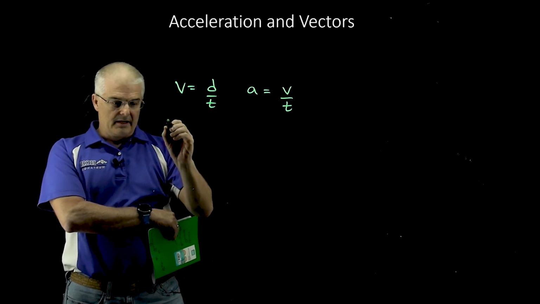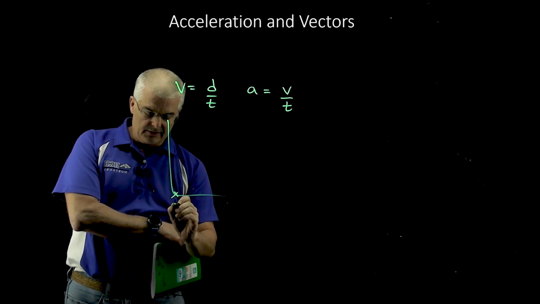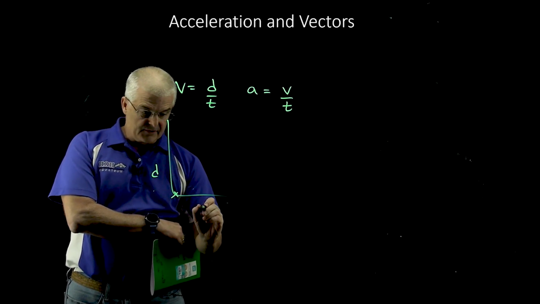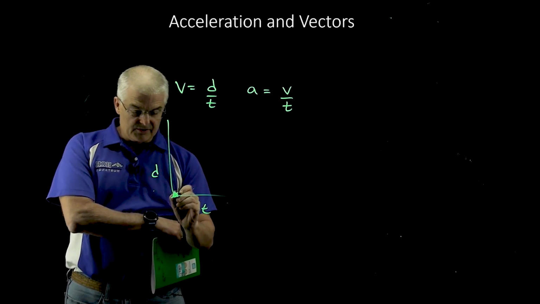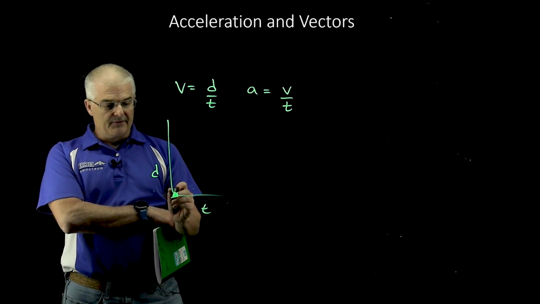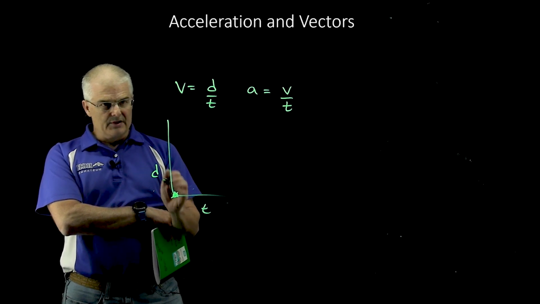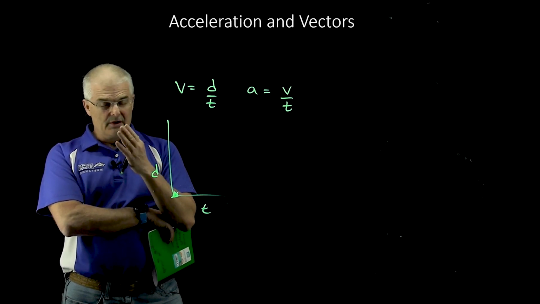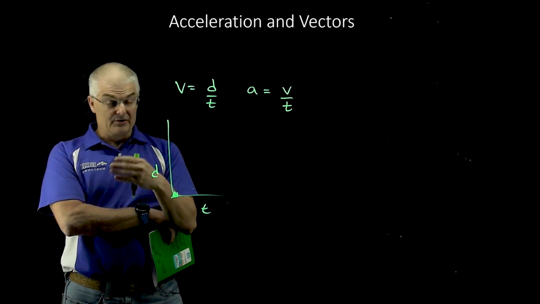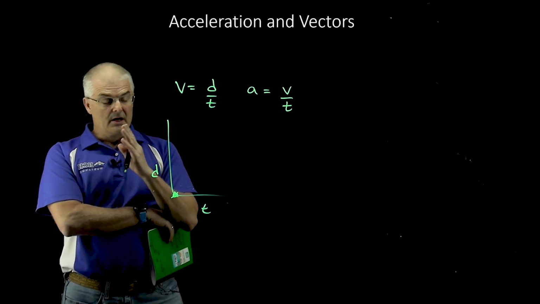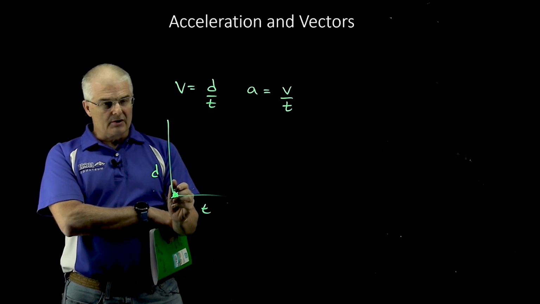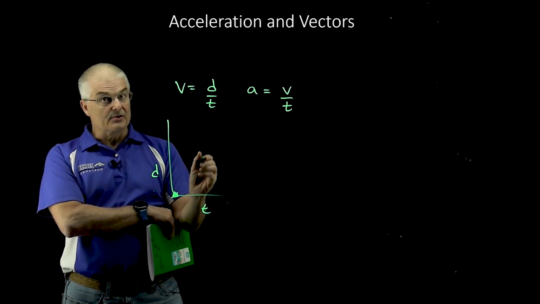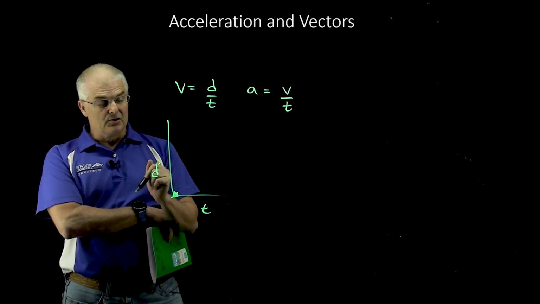So let's say you're at a stop sign, and this is distance versus time, and you're starting at 0 distance. But when you push your pedal on your car, you start to accelerate, you start getting faster and faster and faster. And that's called acceleration.